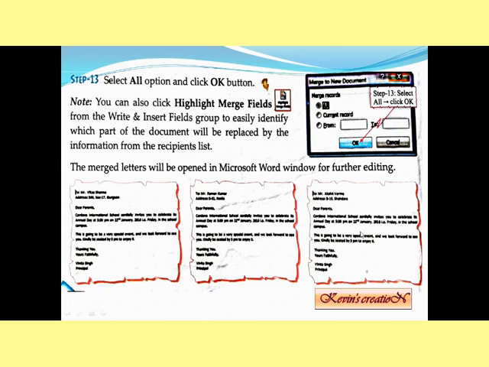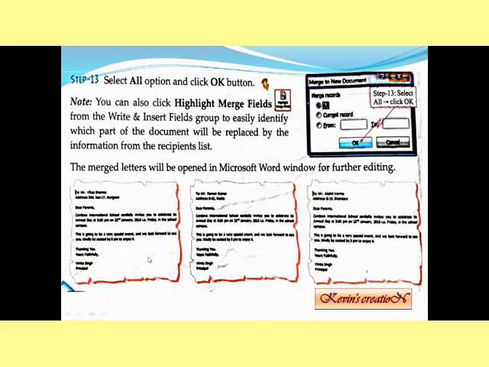Now the merged letters will be opened in Microsoft Word for further editing. Here you can see these are the merged letters. Looking at it, all 3 letters look the same, but if you look carefully, you will find that the name here, the name here, and the name here are all different. The address in the first, second and third letters is also different.